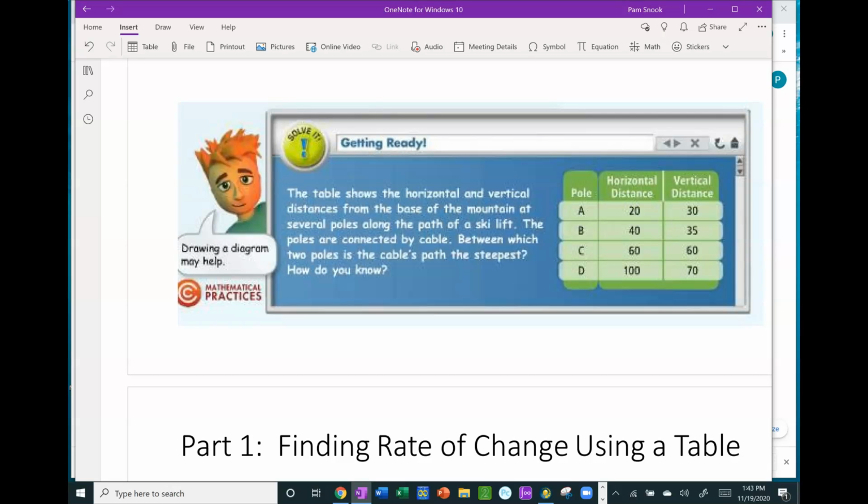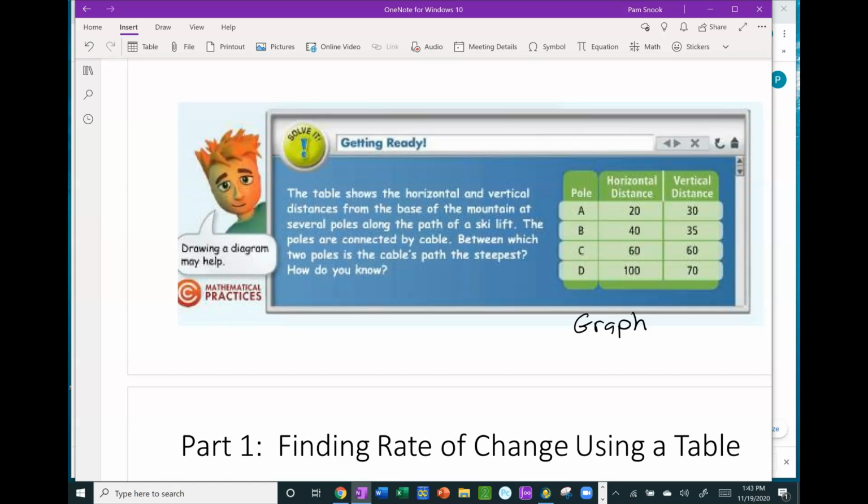It can also be helpful if we can draw a picture of this data. And if we did that, that would be called a graph. And then oftentimes we want to be able to make predictions, given the data that you have, what happens if you add another pole.